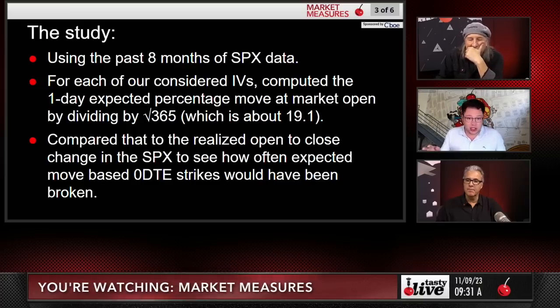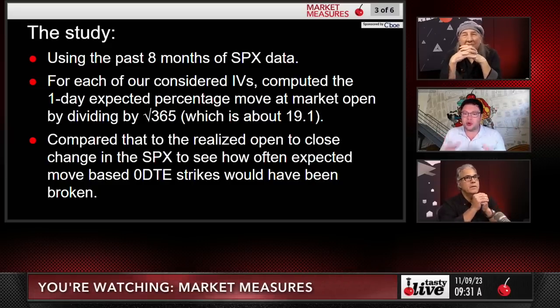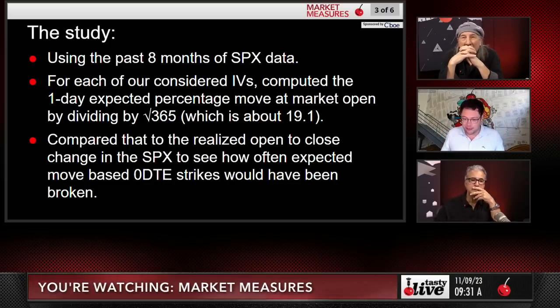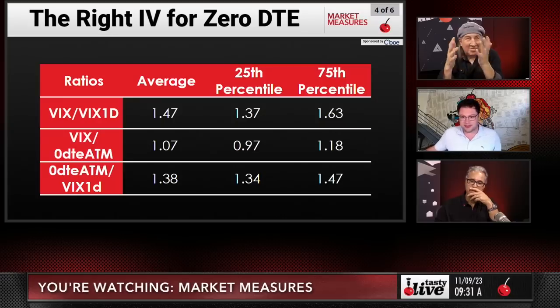We're going to do the same thing to all of them: look at the IV, divide by 19.1, and compare that number to the actual percentage move on the day, to see which does a more accurate job of giving a normal-distribution-type expectation of movement in the S&P. What we're going to find is actually something interesting, but I'll let you take the next slide first.